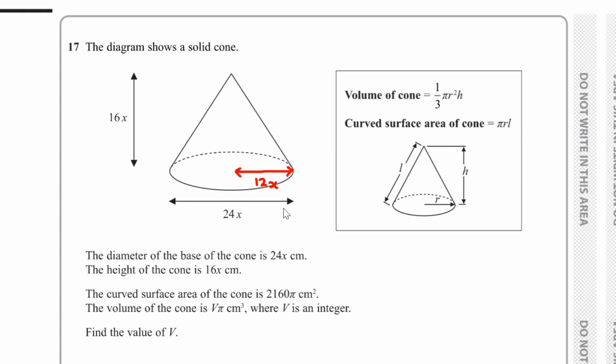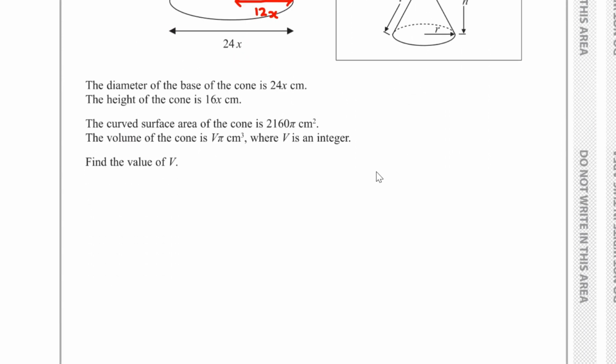So we've got 12x for the radius of the circle at the bottom here. Now we know what the curved surface area is. That's 2160 pi, and we know what that is with this formula. That's pi r L. And we know the radius is 12x, but we don't know what L is, the slanted height over here. But we can find that out using Pythagoras.